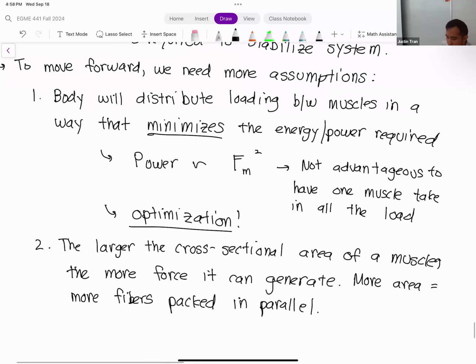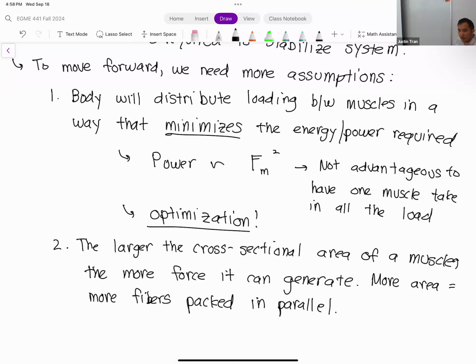And if you have more fibers packed in parallel, that means you have more protein filaments executing a power stroke, and so that's going to generate more force. It's a pretty rudimentary assumption, but real life actually follows this pretty well.